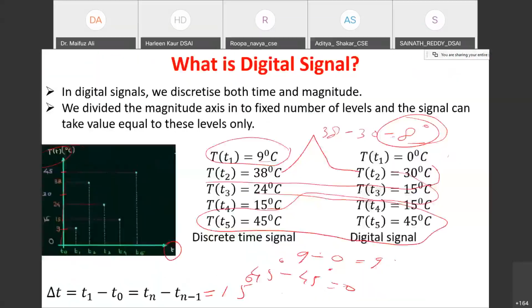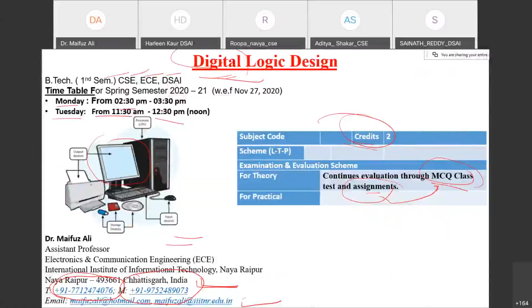So we have to discuss a little bit our evaluation process. This is our today's class. First few weeks we will discuss the syllabus.